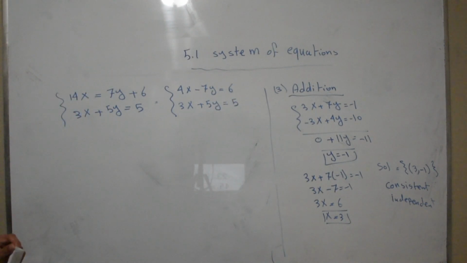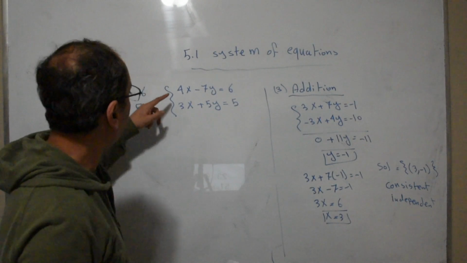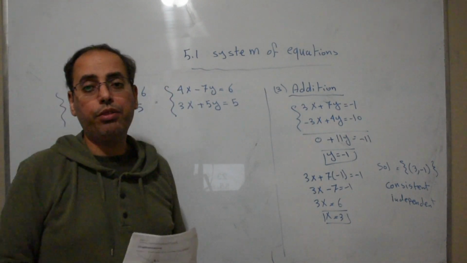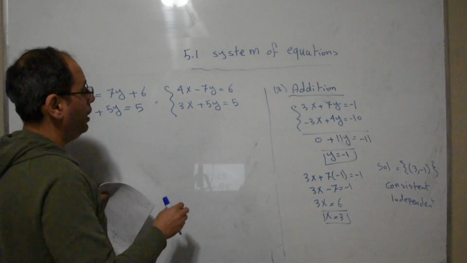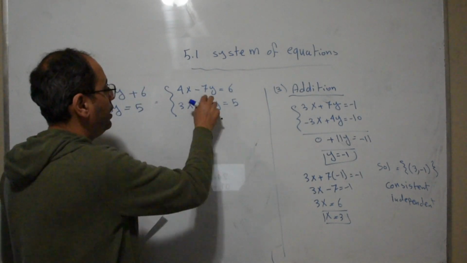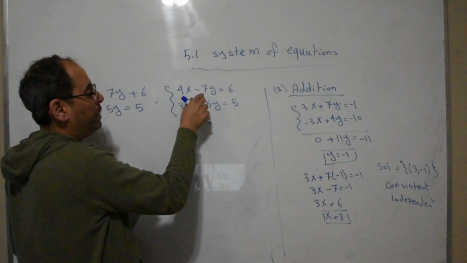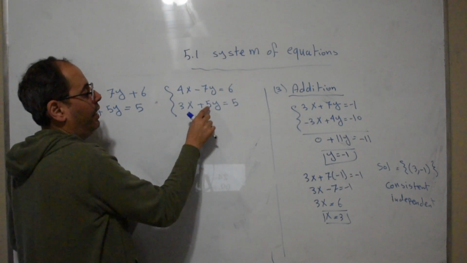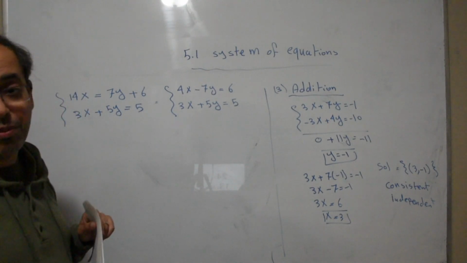Now, what should I do here? I can't subtract or add. When I add them, I can't eliminate one variable. So now I have to do manipulation. What I'm going to do is make y the same, one negative and one positive. If you multiply the first one by the coefficient of the second one, and the second one by the coefficient of the first one, you must have the same number.